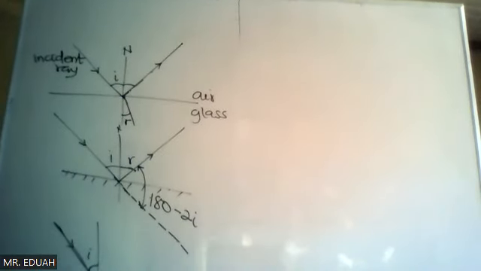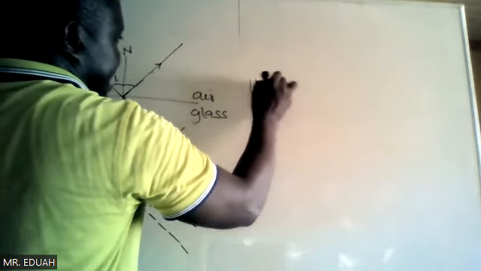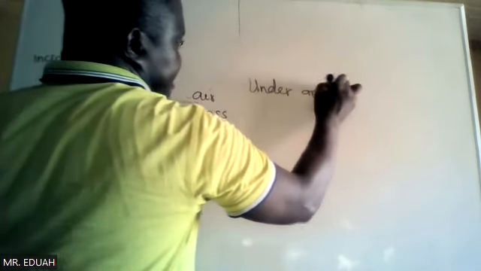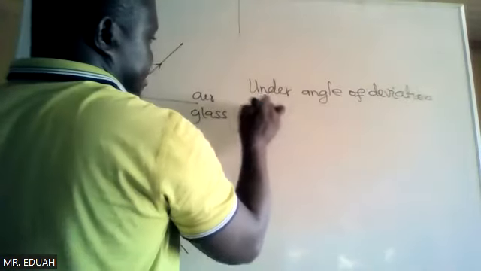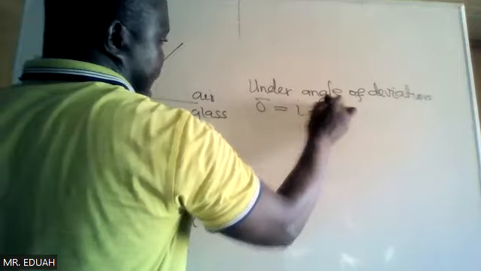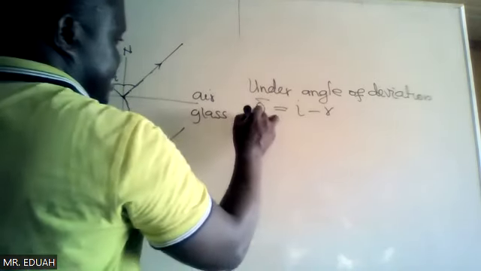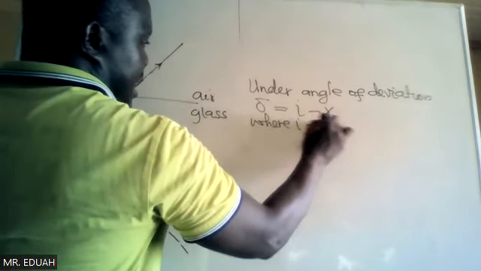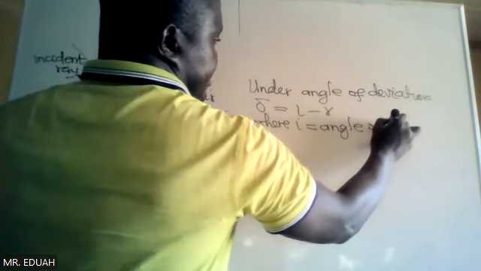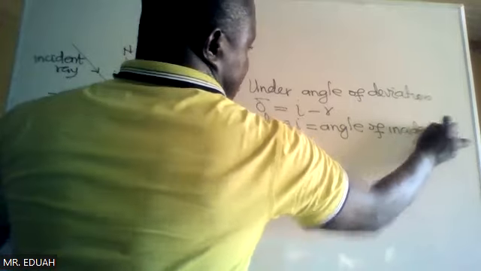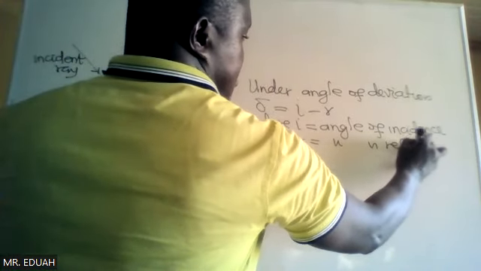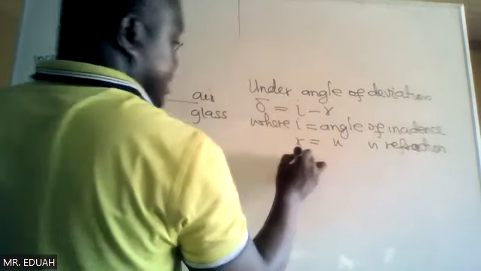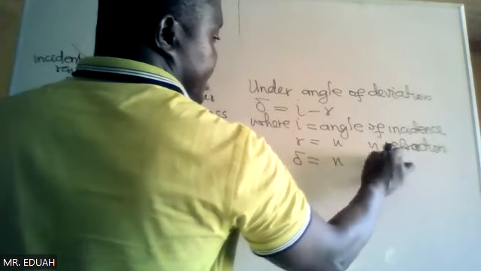So it means that under refraction of light, the angle of deviation sigma is equal to i minus r, where i is the angle of incidence, r is the angle of refraction, and sigma is the angle of deviation.